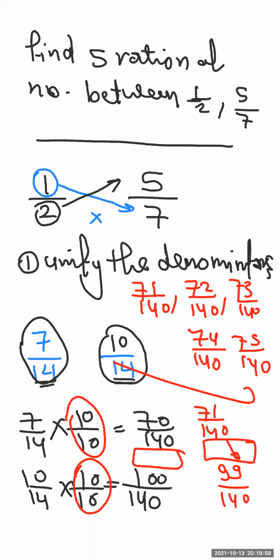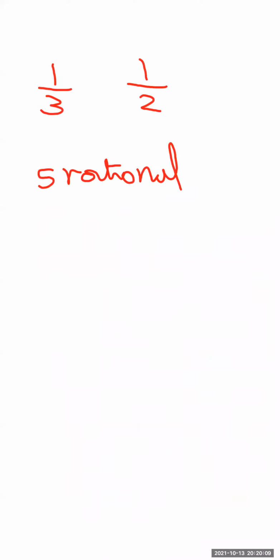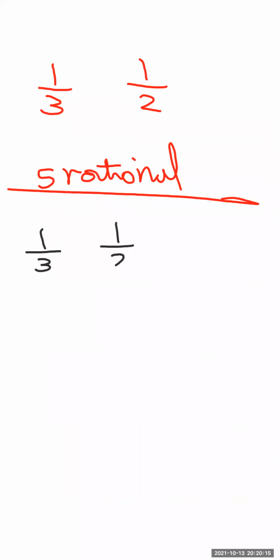If the two numbers are 1/3 and 1/2, and I want to get 5 rational numbers, we unify the two denominators. Multiply the denominators 2 and 3 to get 6 and 6.